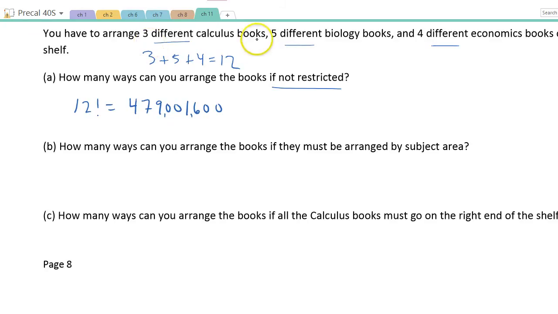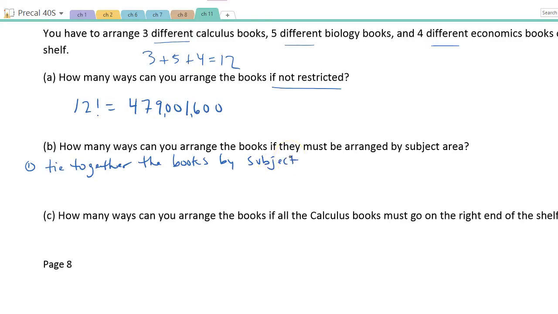Here it's all the calculus books must sit together, all the biology books must sit together, and all the economic books sit together. So the first thing we're going to do is step one. We're going to tie together the books by subject.